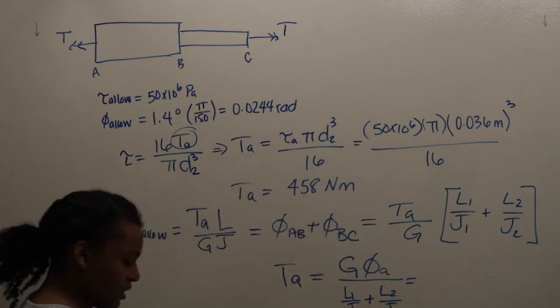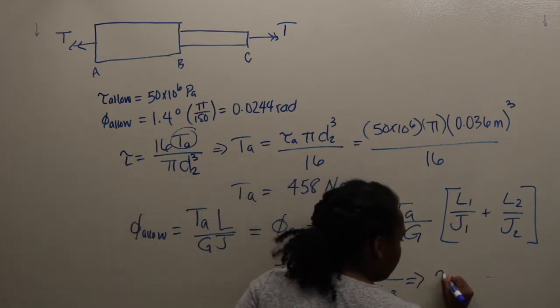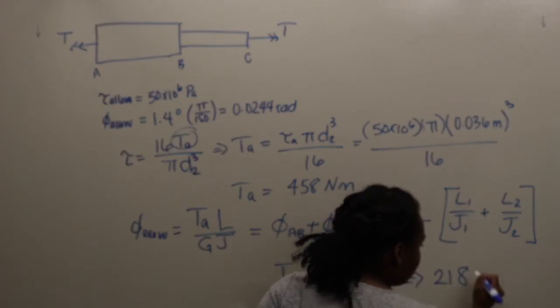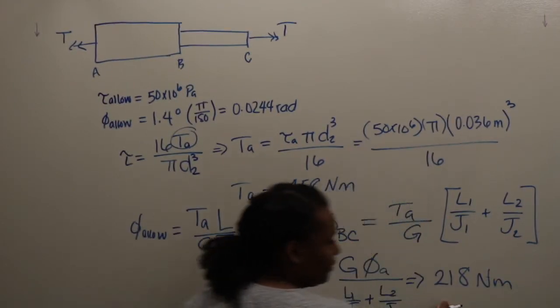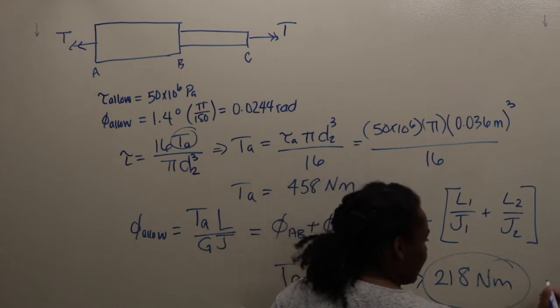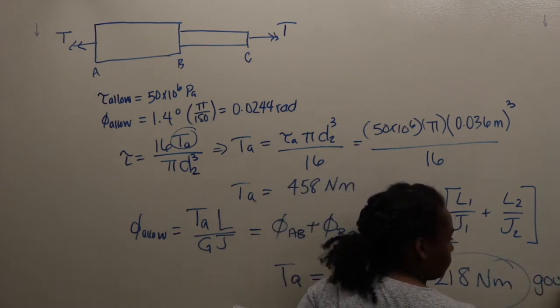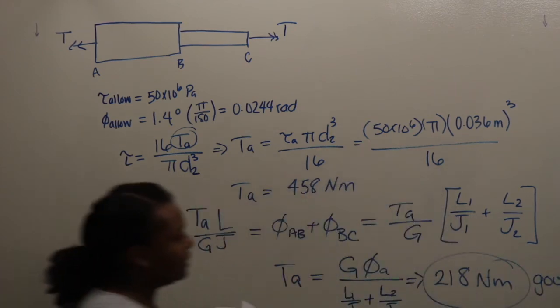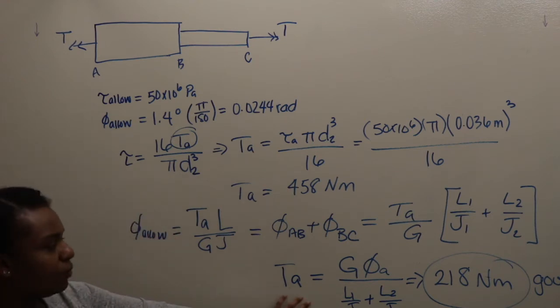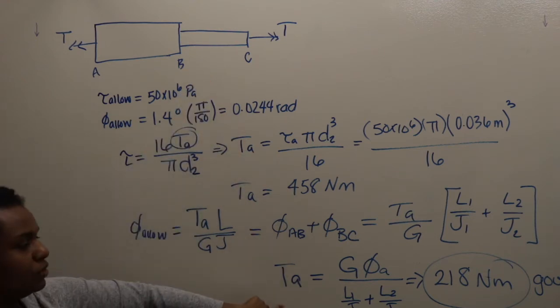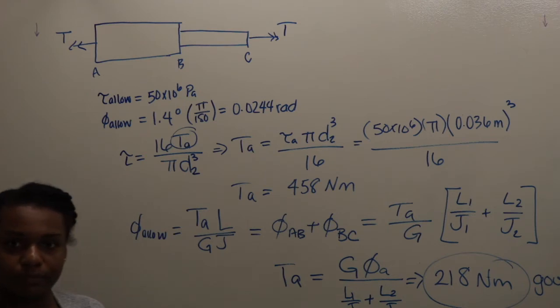Once you plug everything in, this should equal about 218 newton meters, or around that. So that means that 218 governs, meaning that the max allowable torque in this beam is 218 newton meters.